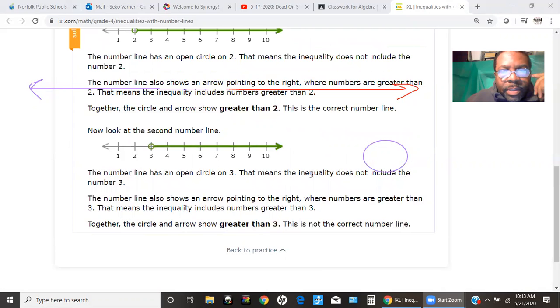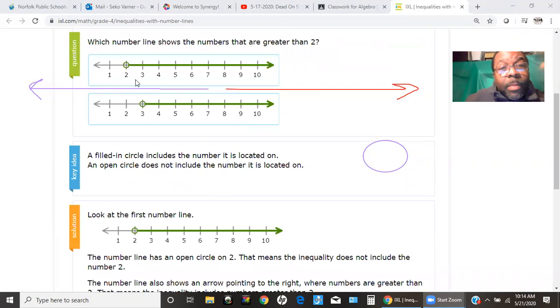Open circle on it, equality does not include the number 3. Look, the truth is, both of these say greater than 2, but this top one is the better answer because it starts with the 2. Both of them show numbers that are greater than 2, but this is the better answer. So you're always going to look for the best answer, okay? You're always going to look for the best answer.